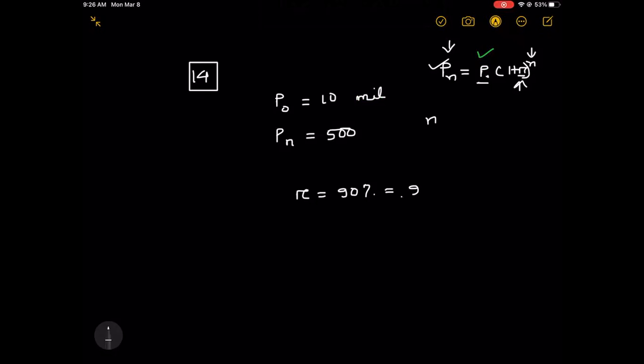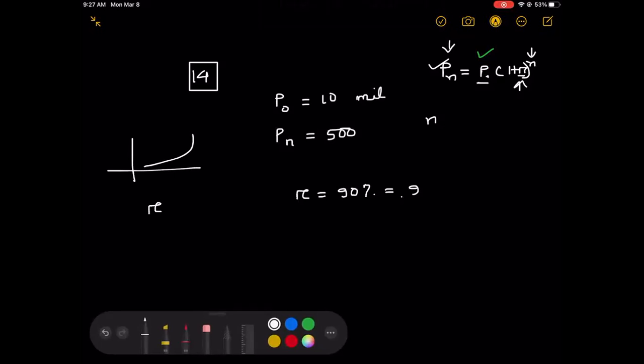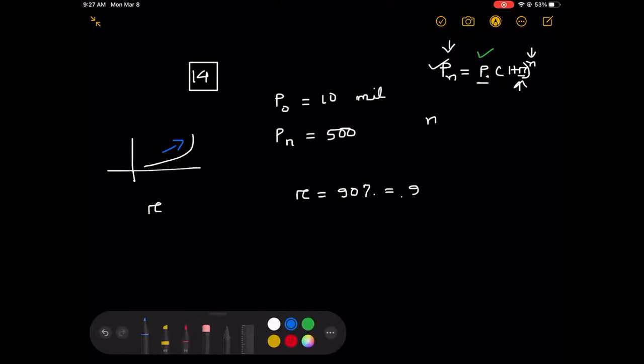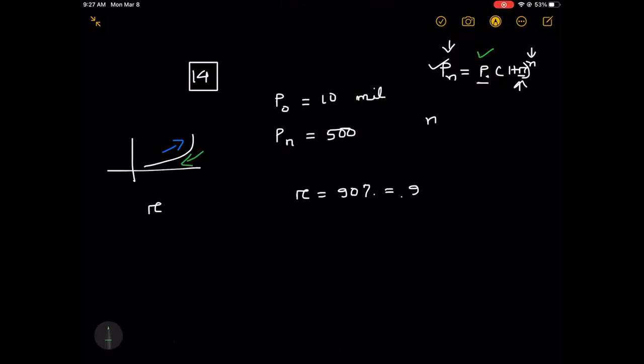If you remember, the last time we talked about this, r could be positive or negative. If it grows exponentially, r is positive. If it's decaying, if it's getting reduced exponentially, then r will be negative.